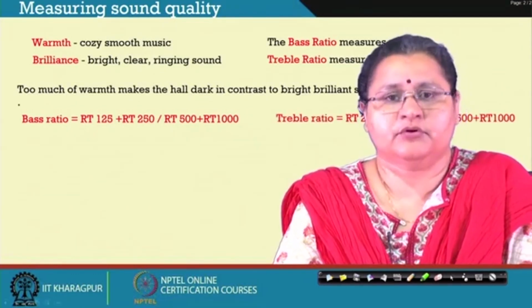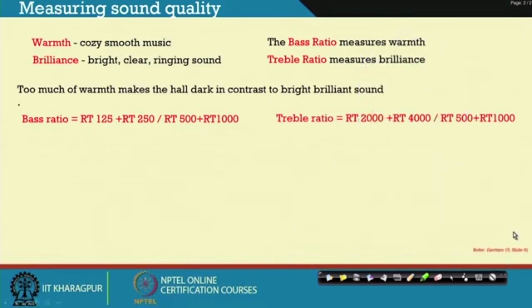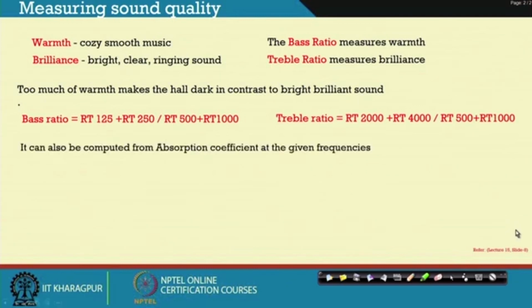Similarly, the treble ratio is the reverberation time at 2000 hertz plus reverberation time at 4000 hertz divided by the mid band, that is RT at 500 hertz plus RT at 1000 hertz. It can be computed from the absorption coefficients also at the given frequencies.